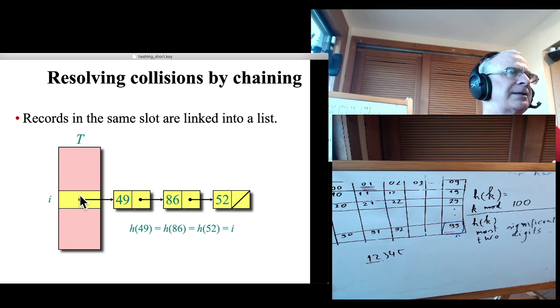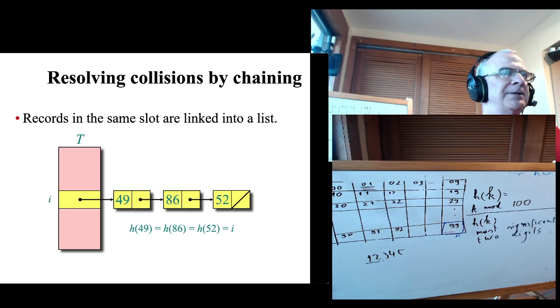How much does an insert take if I'm resolving a collision by chaining? Warning, it's a trick question.